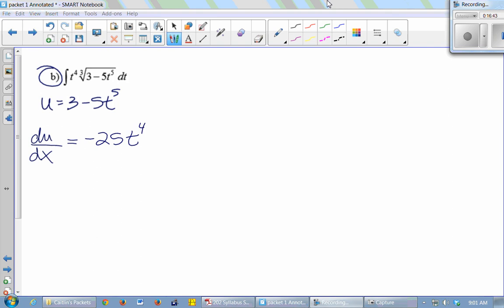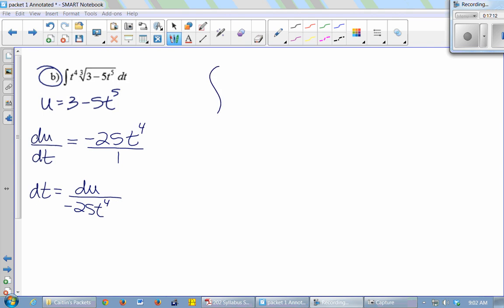Yep. Sorry, I should have done du dt. My independent variable is t in this problem. Then I should solve for dt. So I would treat dt like a fraction, right? You can think of it as cross-multiplying if you want. And I want to solve for dt, so I end up with du over negative 25t to the 4th.